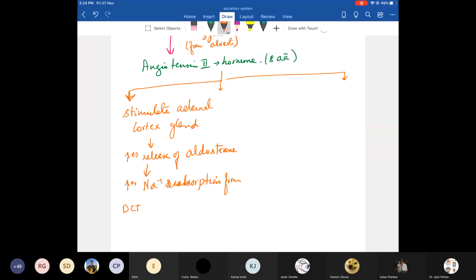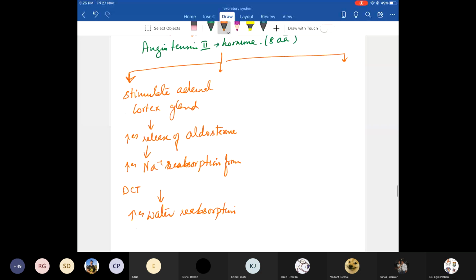Now, when the sodium reabsorption is increased, this will lead to increase in water reabsorption from DCT. This is one way.